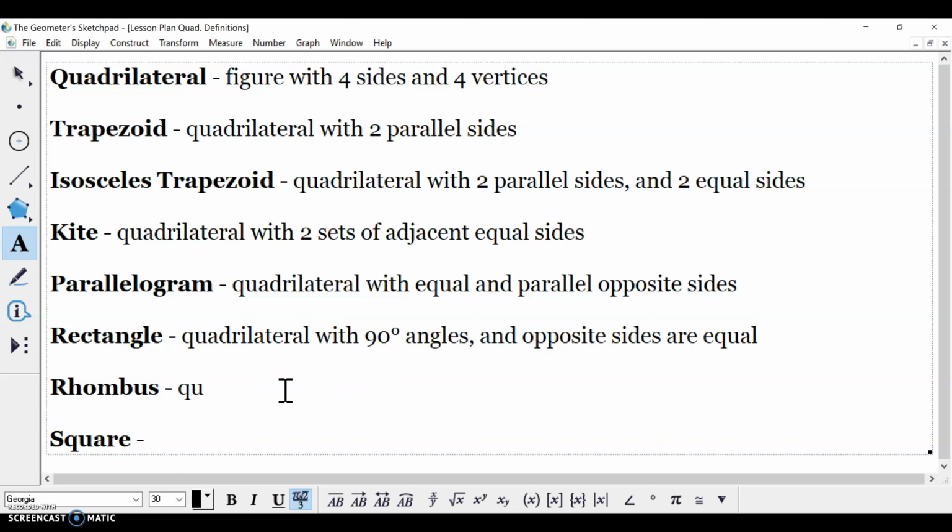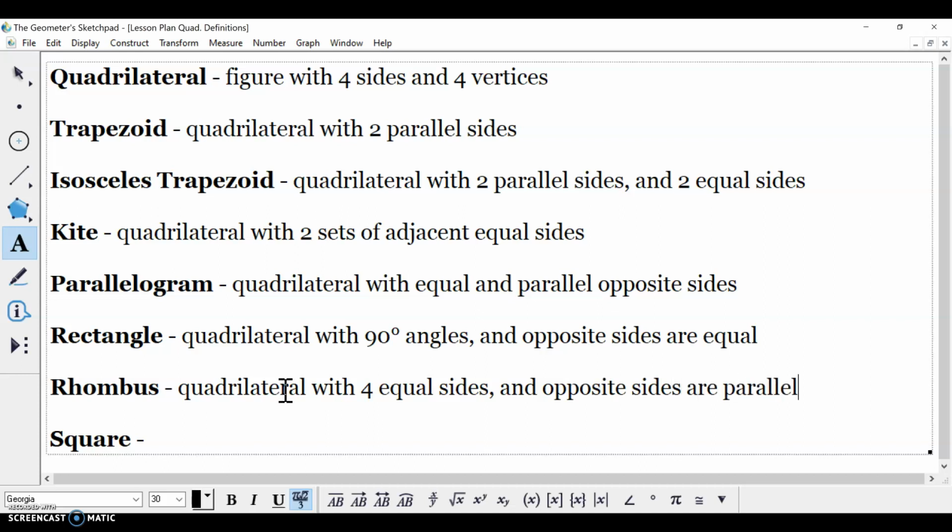A rhombus, we can say, is a quadrilateral with 4 equal sides and opposite sides are parallel. And a square, finally, is a quadrilateral with 4 90-degree angles and 4 equal sides.